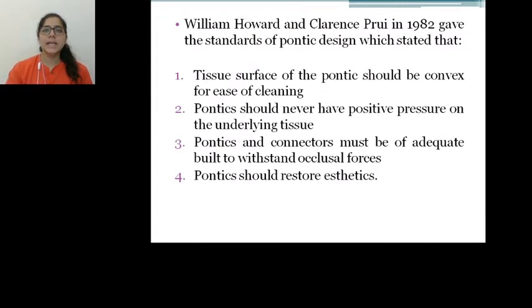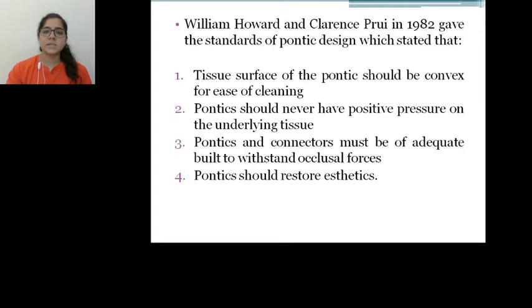William Howard and Clarence Pruitt in 1982 gave the standards of pontic designs, which stated that firstly, the tissue surface of the pontic should be convex for ease of cleaning. Pontics should never have positive pressure on the underlying tissue.